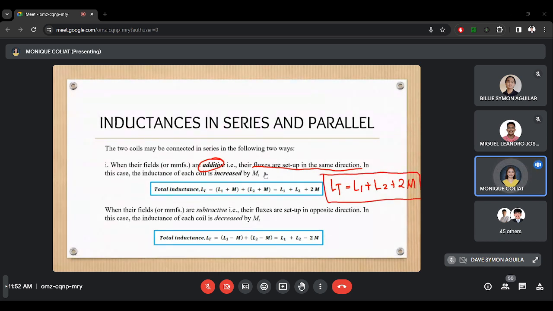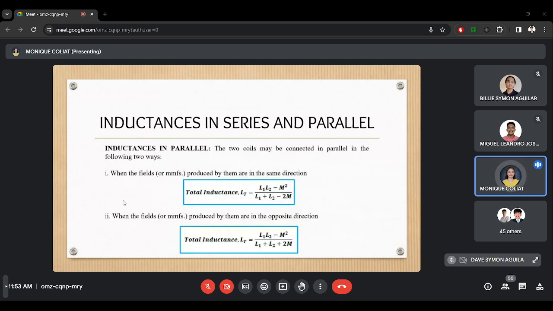When the fluxes are in opposite directions, that is subtractive and the inductance of each coil is decreased by M. That means L total equals L1 plus L2 minus 2M. That is for inductances connected in series.